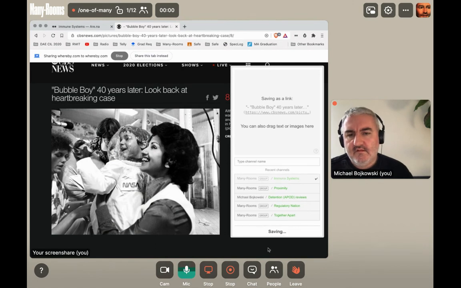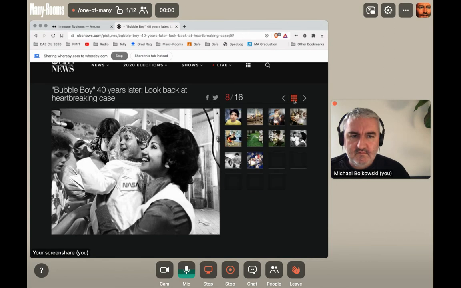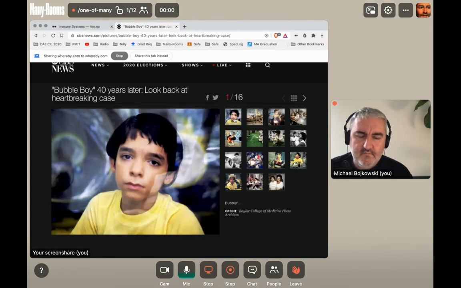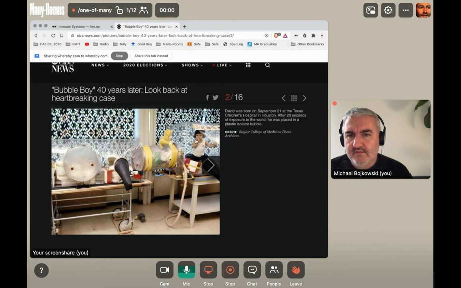It's not deep research like this. It's just pictures, you can see. Maybe I'll just go through them and explain what I know about them so far. Is this actual thumbnails? Okay, cool. So we can see David was born, and after 20 seconds of exposure to the world, he was placed in a plastic isolated bubble.